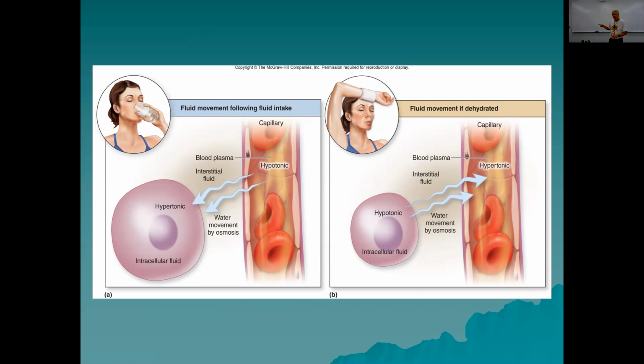Since water can flow between all of these compartments, back and forth, if the blood is hypotonic, that means water concentration is higher than interstitial fluid. The water will flow out of capillaries into the interstitial fluid, making interstitial fluid more watery. That means it's hypotonic to the cells. So water will go into cells, cause them to swell.